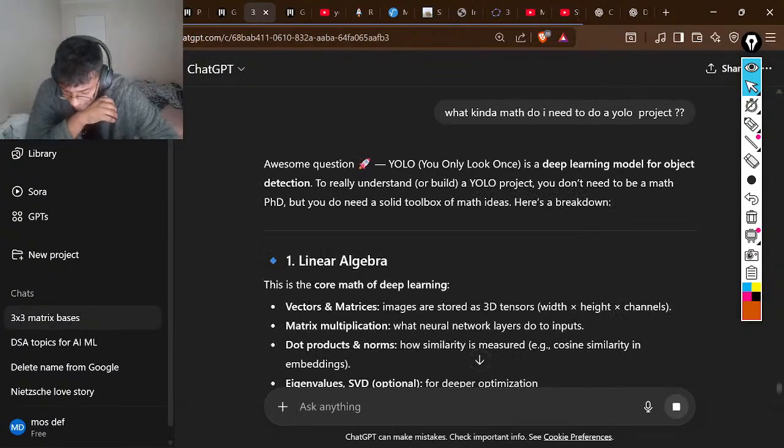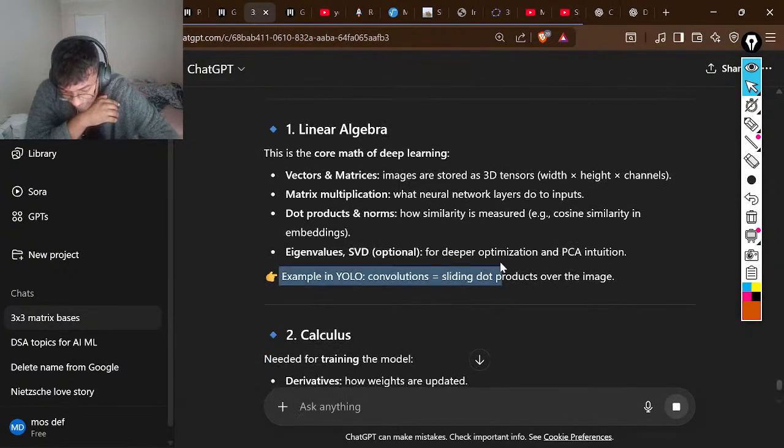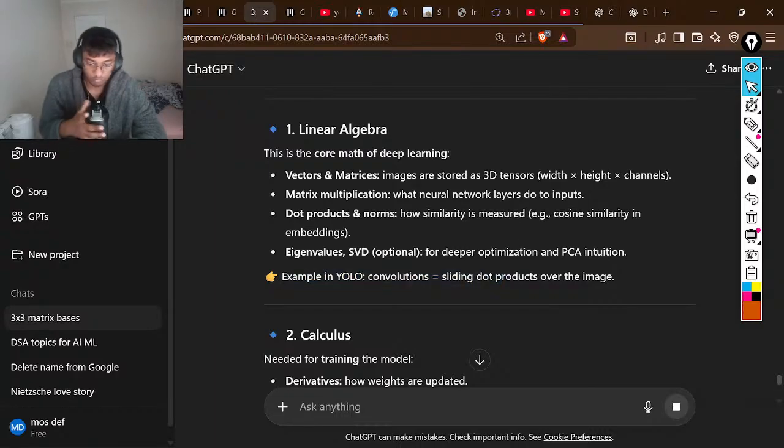You Only Look Once, linear algebra, matrix multiplication, eigenvectors. What is a tensor?